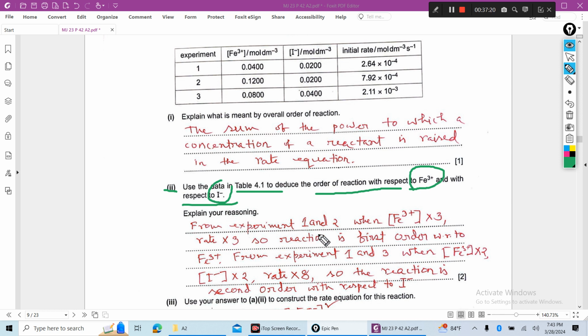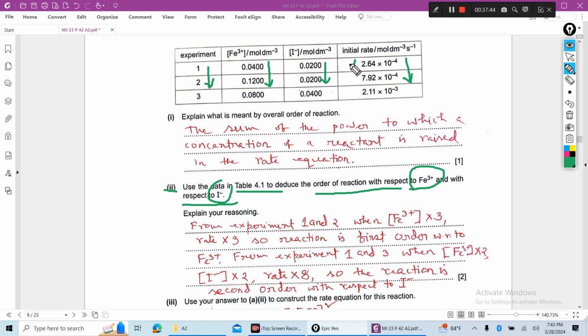Now you see from experiment 1 or 2, when the concentration of iron 3 ion increases 3 times, keeping iodide ion constant, the rate becomes 3 times.